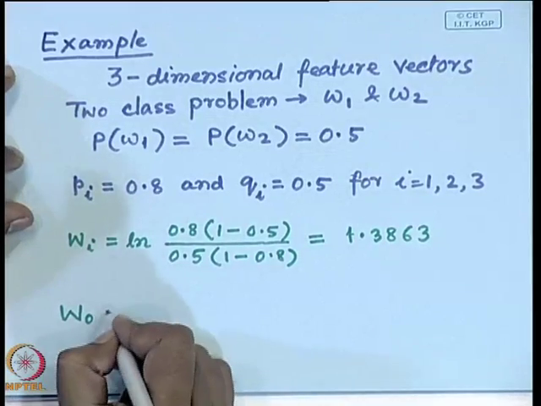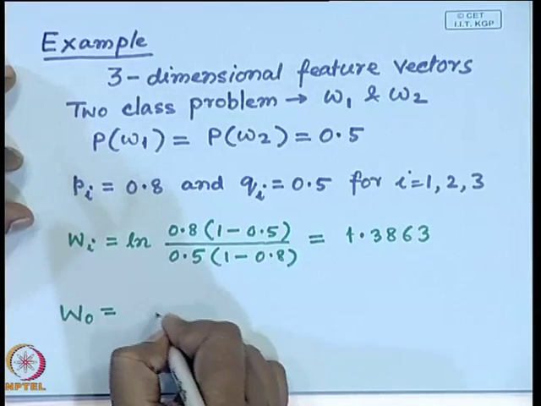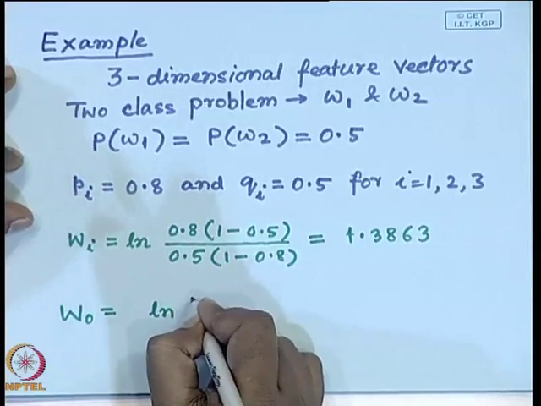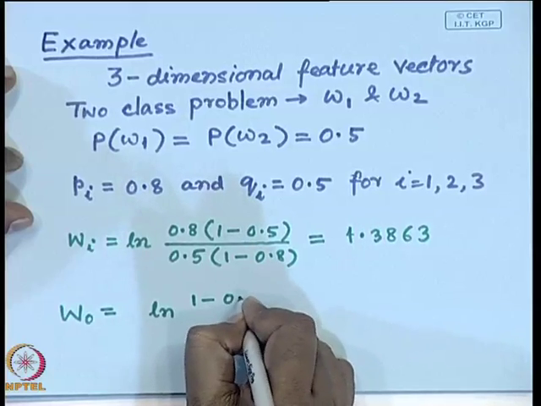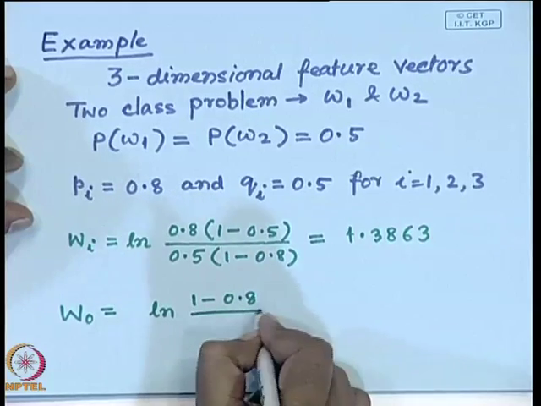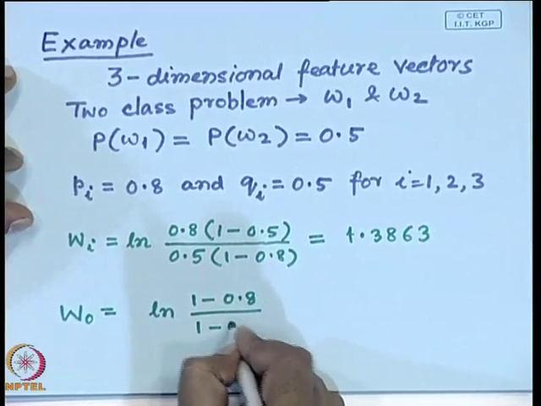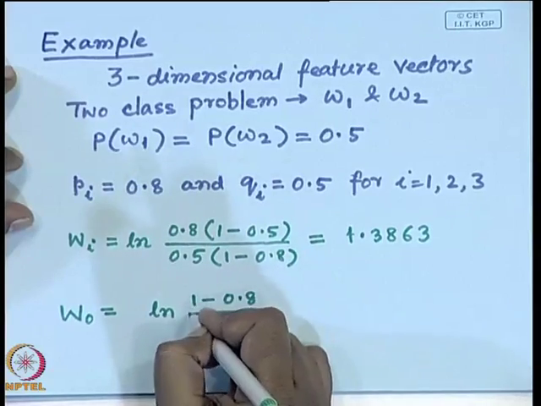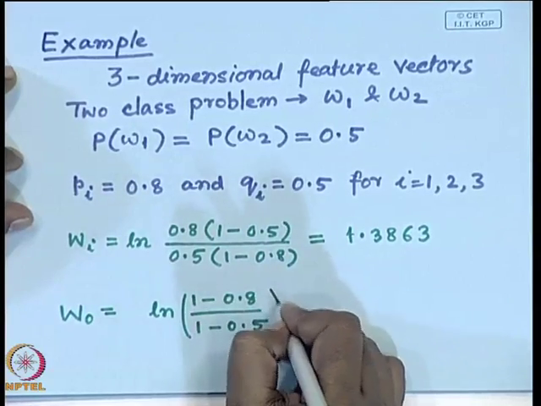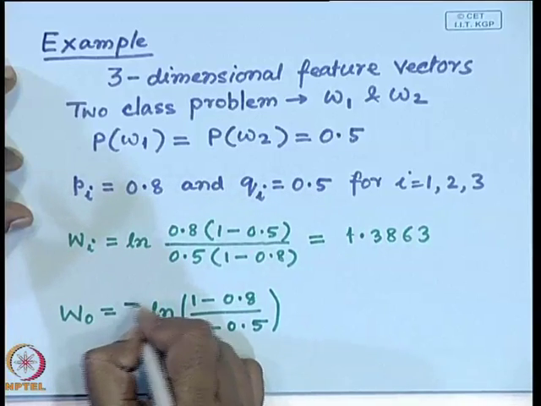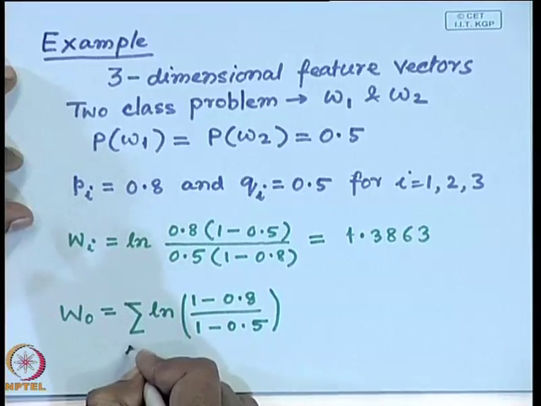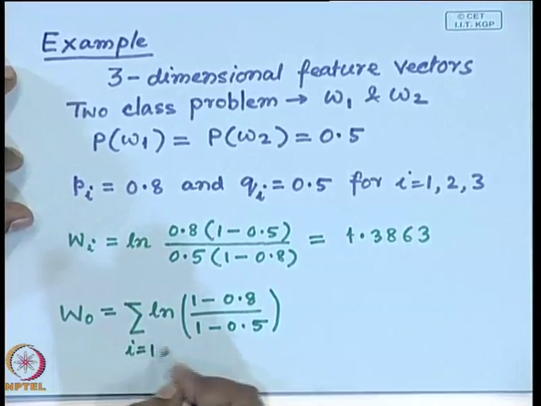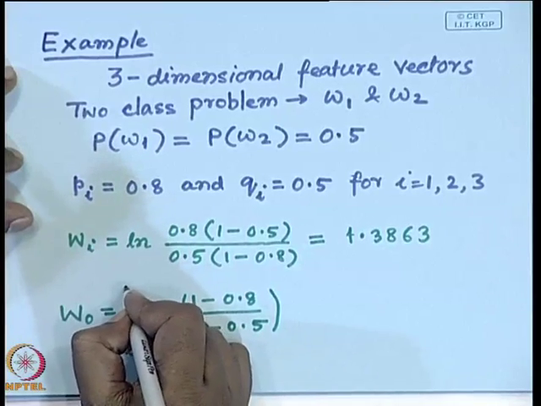So this W naught will be simply log of 1 minus p_i, that is 0.8, upon 1 minus q_i, that is 0.5. Take the summation for i equal to 1 to 3.